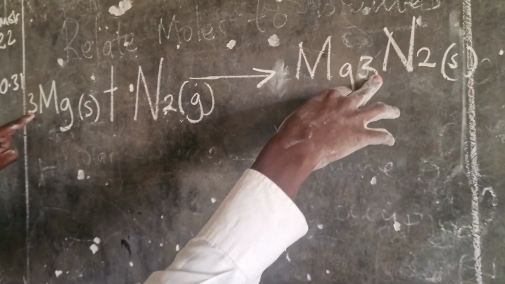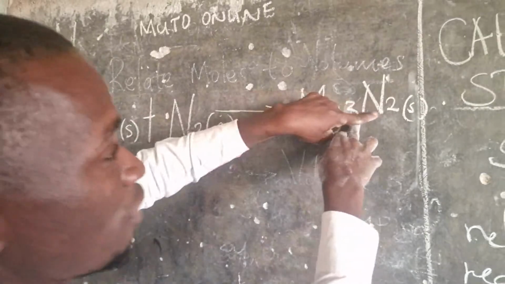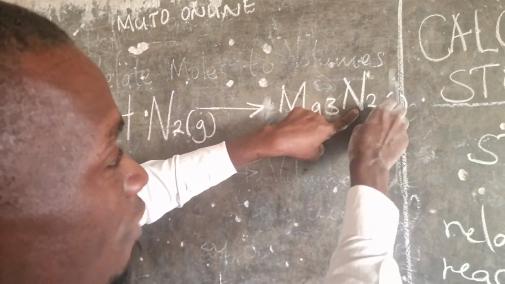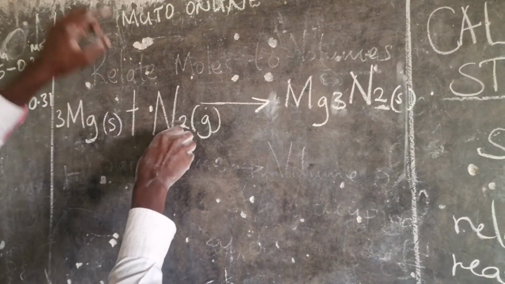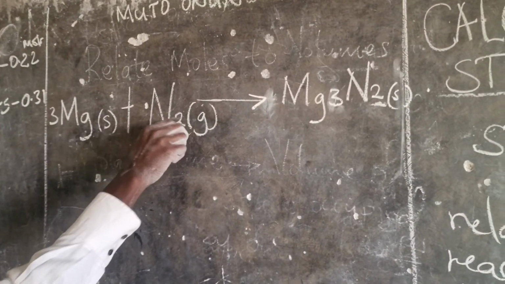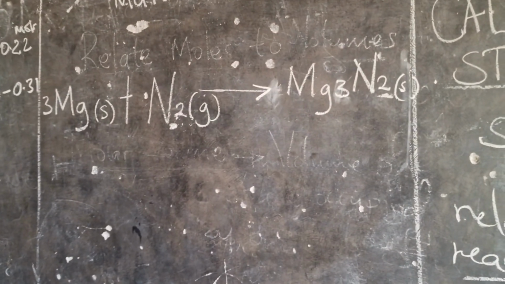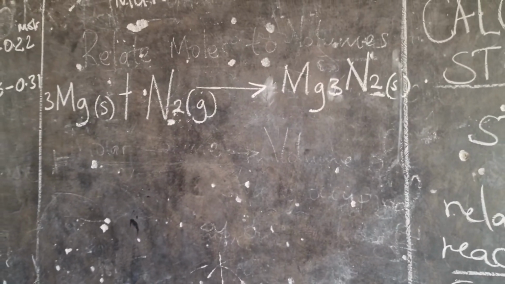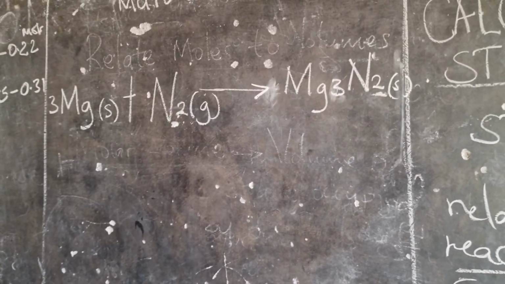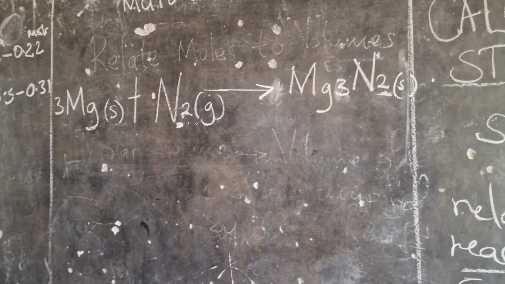Yes, we have 3 magnesium atoms this side and 3 this side. How many nitrogen atoms do we have this side? We have 2. How many do we have this side? We have 2. This means this equation is balanced when we put a 3 there. Imran had already told us we just put a 3 on magnesium.